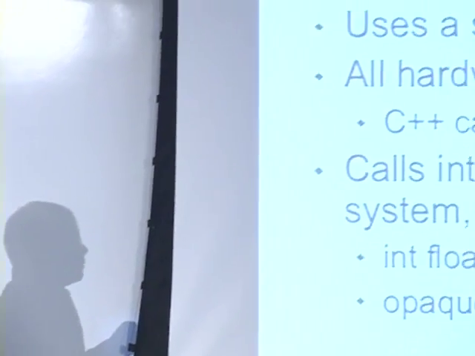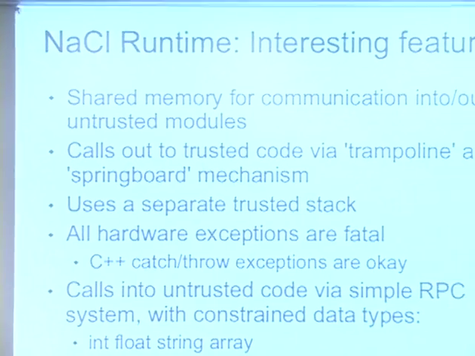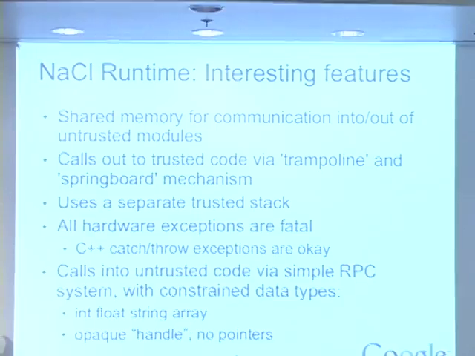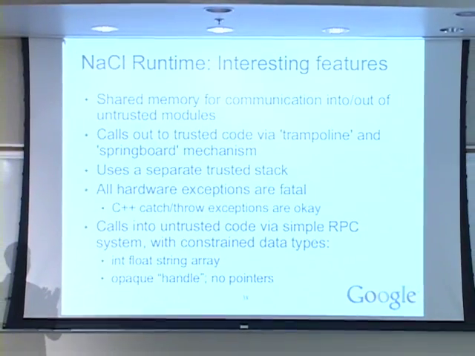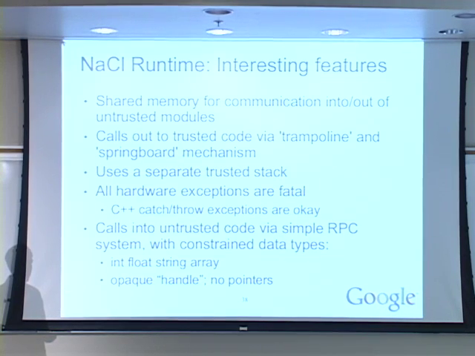Okay, calling out some specific interesting features of the Native Client runtime. I already mentioned shared memory. Calls into and out of trusted code go through a mechanism we call a trampoline and a springboard. A thing to understand is that within the process where the untrusted code is living, we also have trusted code in the same space that helps with things such as implementing these interfaces that I just discussed.